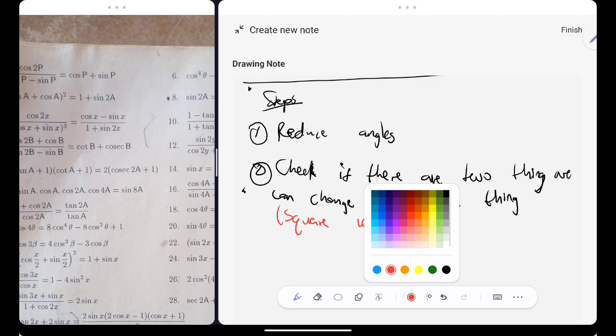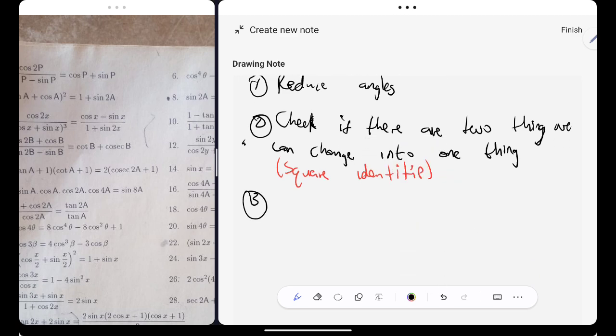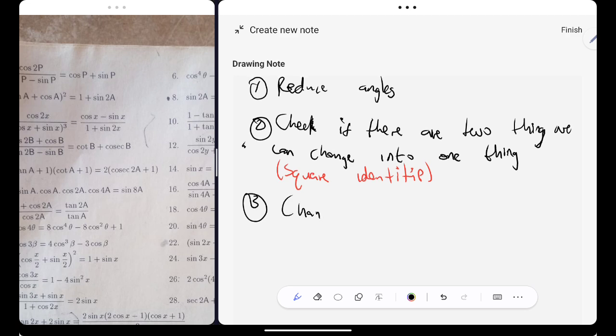And then the third rule just says change everything into one trig ratio, but sometimes you cannot do that.